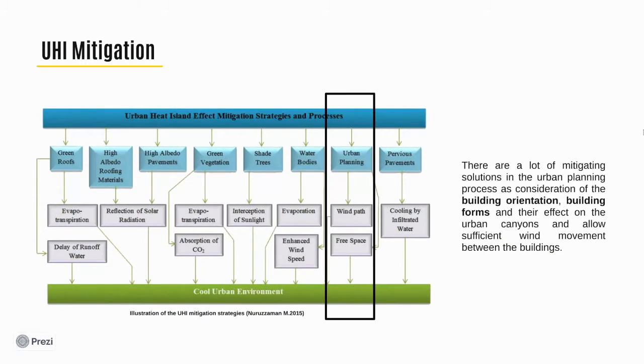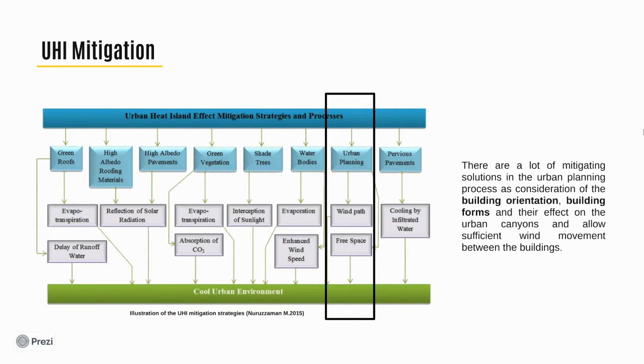There are many effective mitigation processes and strategies to mitigate the urban heat island intensity, such as using green roofs, high albedo materials and pavements, green vegetation, using shade trees and water bodies. In this research, the impact of the urban design and planning process on the urban heat island was investigated as shown in the figure.